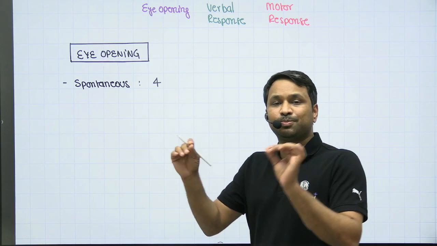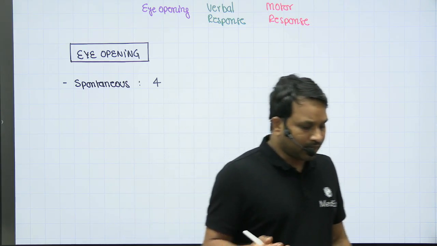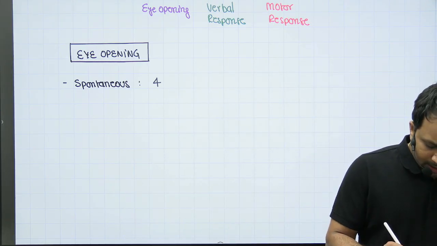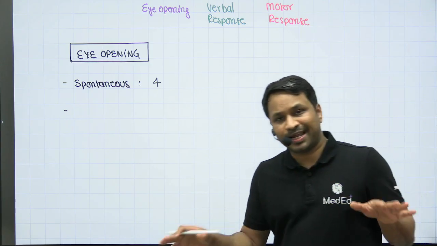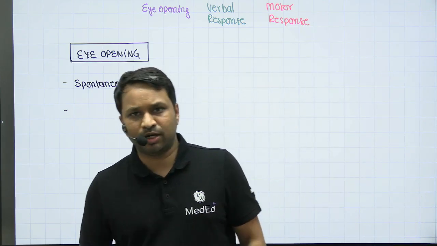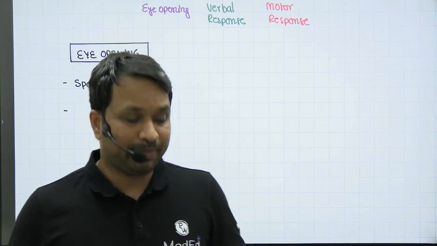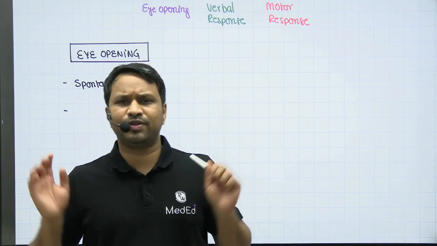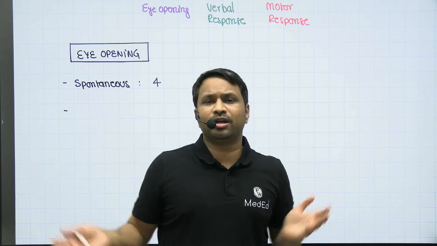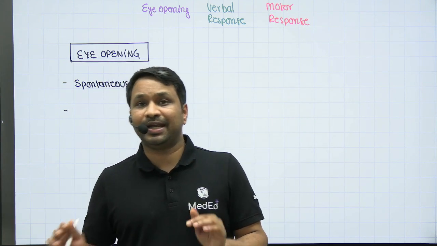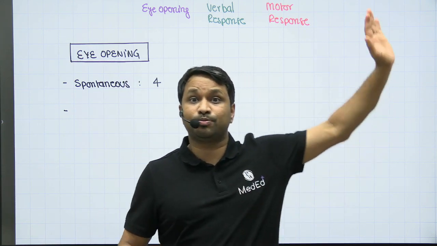That is the highest possible score in eye opening. Now let's say the patient is lying down on a trauma bed with his eyes closed. As you walk towards the patient, if he suddenly opens them, that means he's aware of his surroundings, his cognitive functions are properly retained, so he's pretty much fine. His response is 4.